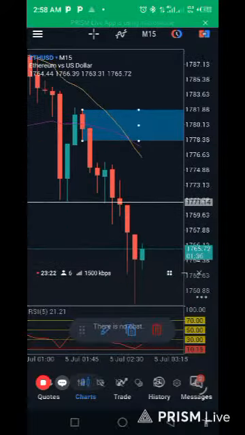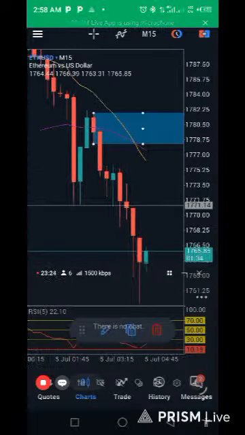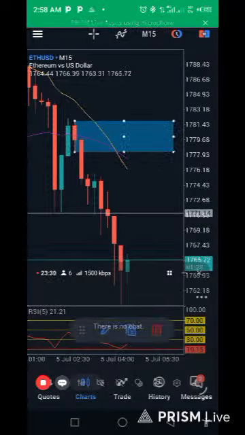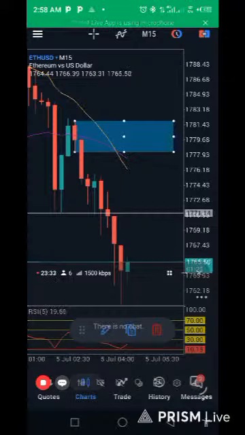And mind you, for you to get a perfect order block, always use a higher time frame, because sometimes you will see the price spike up and produce a wick above the order block, and you'll be wondering, why did it cross this order block? It's not supposed to cross, and it will cross and do a sweep of liquidity. It will sweep liquidity upwards and take all the people's stop loss.